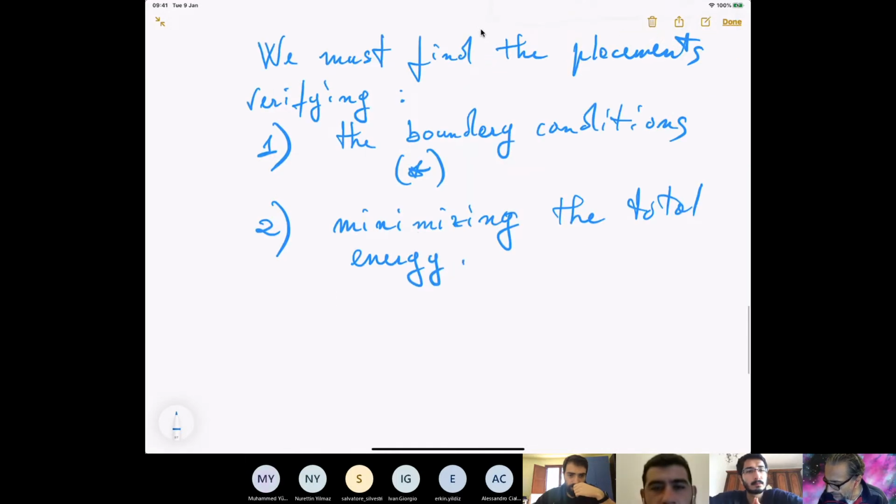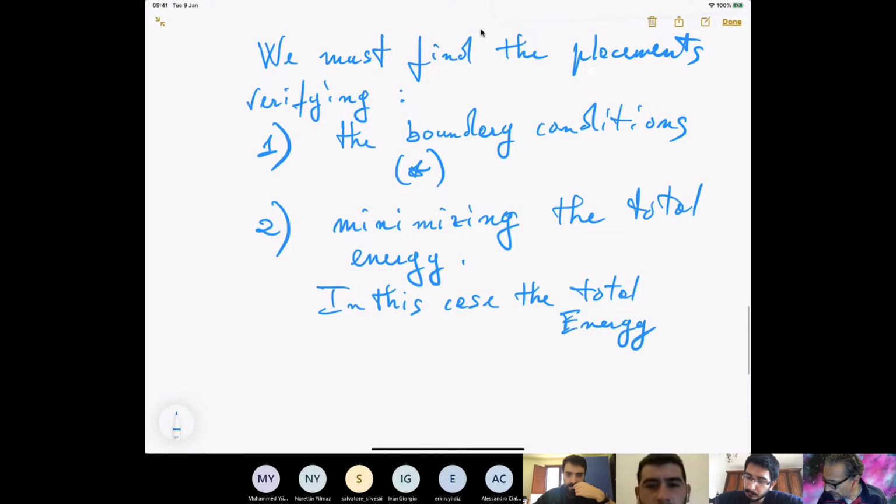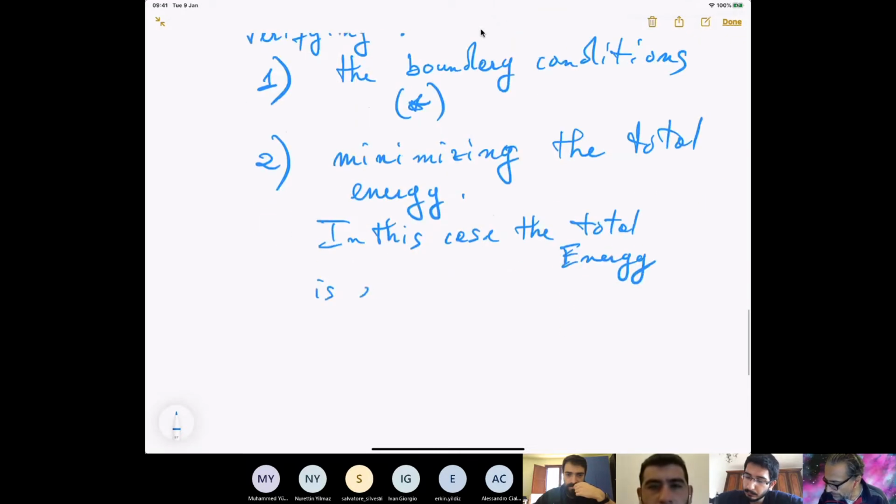In this case, the total energy is equal to the deformation energy.